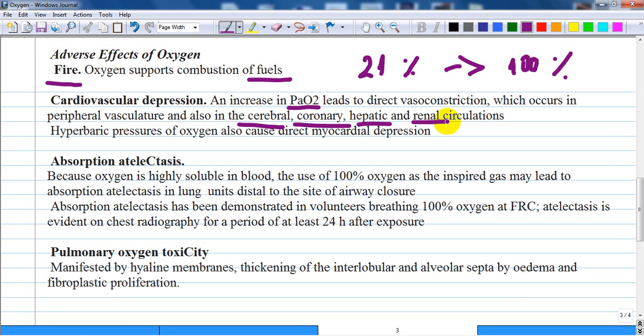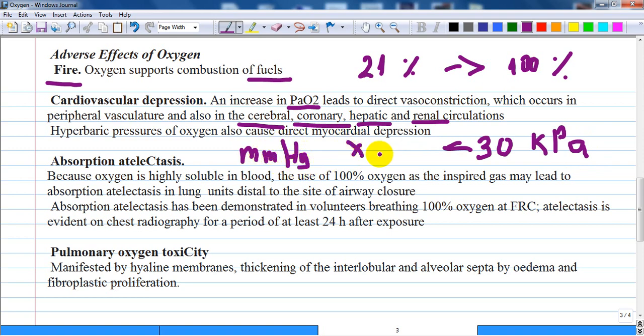This effect is not manifested at partial pressure less than 30 kilopascals, or if transformed to millimeters of mercury by multiplying by 7.5, sorry guys for this, around 220 millimeters of mercury.